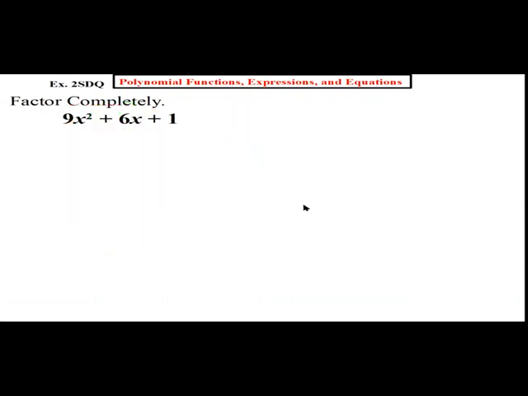Now we get to this part. Copy this one. Example 3, factor completely x cubed plus 3x plus 6 plus 2x squared.